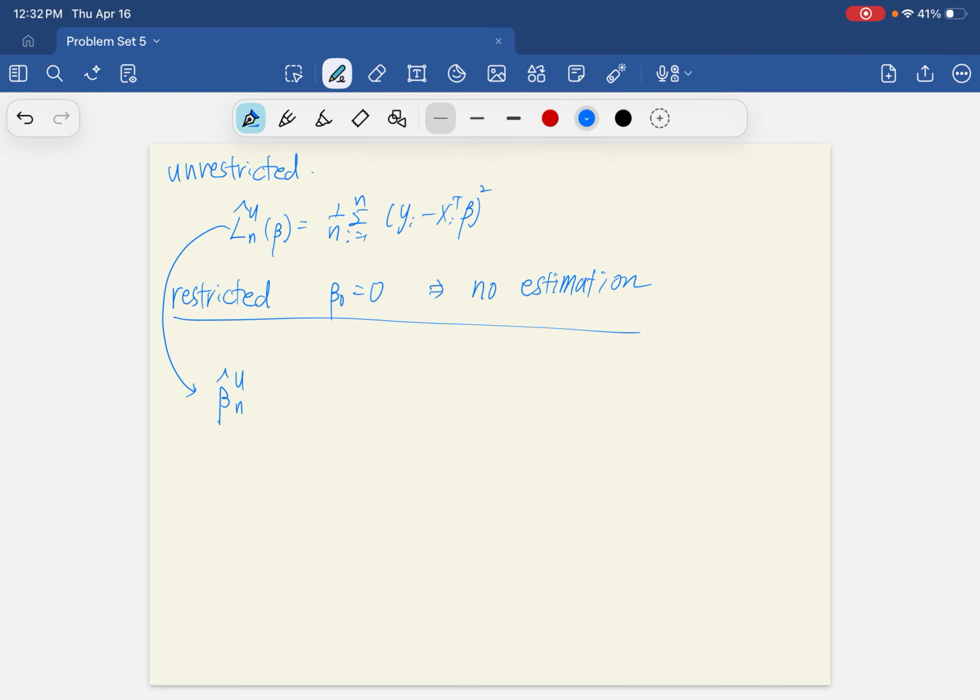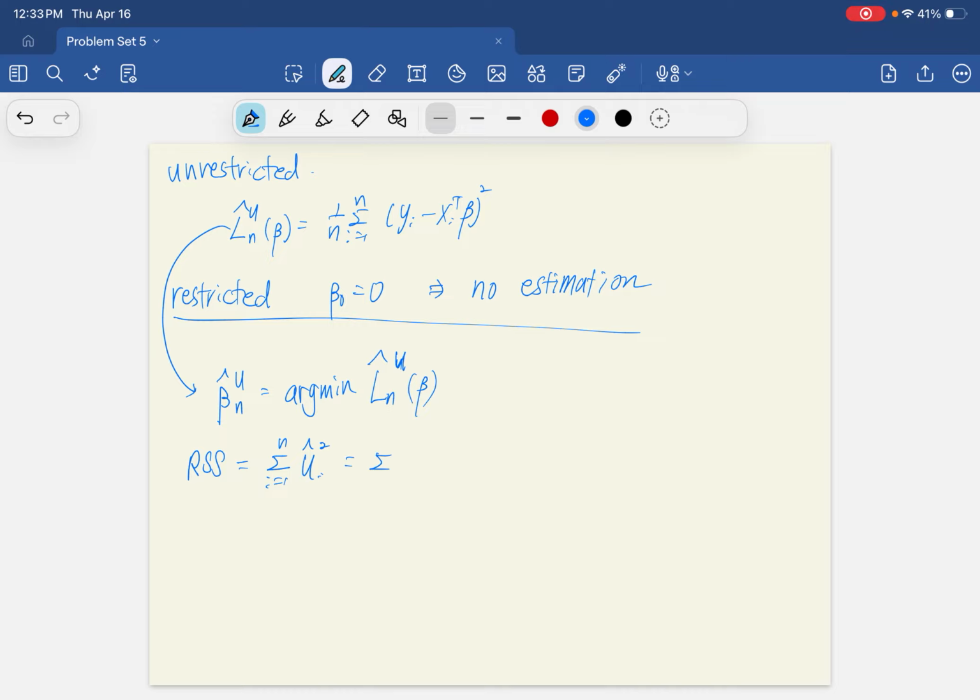So beta hat un is the minimizer of the least squares problem. Okay, so this is u. And then the residual sum of squares. You may remember the residual sum of squares was defined as literally the sum of squared residuals, right?